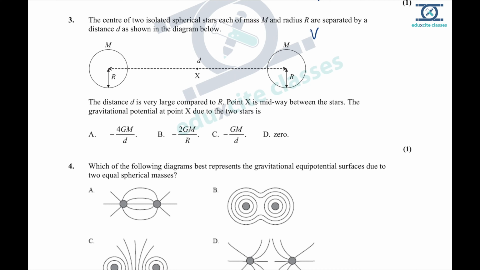The formula is also given in your data booklet, that is minus G m by r, where r is the distance from this point. From the star to the midpoint is d by 2. So I will write minus G m upon d by 2 plus minus G m upon d by 2. So this is minus 4 G m upon d. So this is your option A.